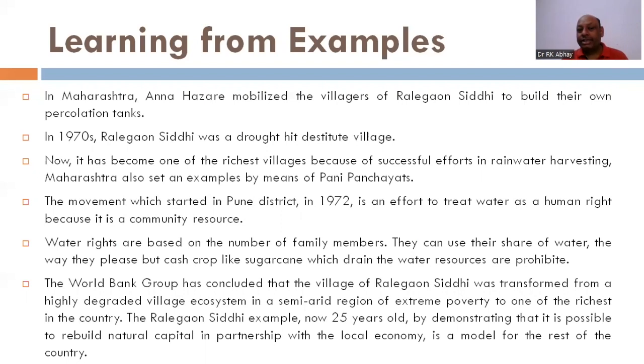Maharashtra also set an example by means of Pani Panchayats. The movement started in 1972, and it has become an effort to treat water as a human right. Water rights are based on the number of family members. They can use their share of water the way they please, but cash crops like sugarcane, which drain water resources, are prohibited.